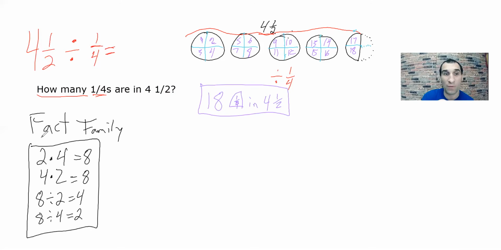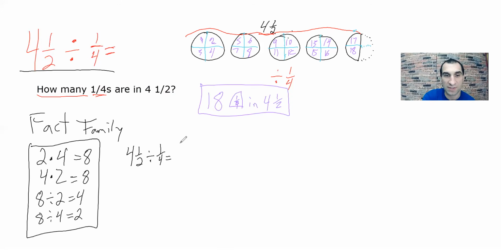And think about what this now looks like for this problem. So now just write it out. Well, I know that 4 1/2 divided by 1/4 equals something. Let's say I didn't know what this was yet. Now, this also means that something times 1/4 equals 4 1/2.